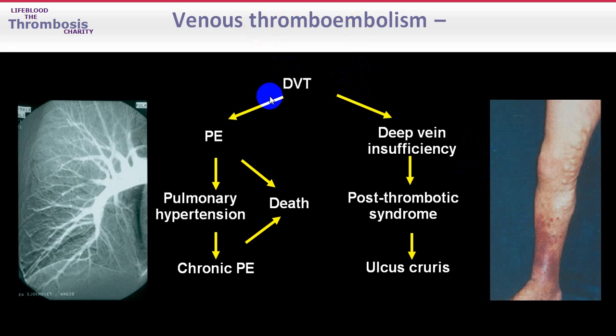Venous thromboembolism can end up with pulmonary embolism, pulmonary hypertension. A person, because of a massive embolus, can even die. And small multiple emboli can give rise to chronic pulmonary embolism. Locally, deep vein insufficiency, post-thrombotic syndrome, and you can get ulcer, ulcus cruris, that is typical skin changes. You can see this varicose vein and these are the changes in the skin.